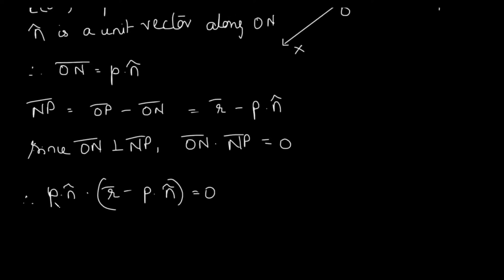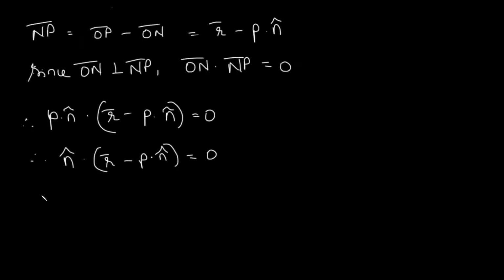And therefore, now take p to the RHS. p is a scalar number. 0 upon p becomes 0, and therefore we have n cap dot (R minus p n cap) is equal to 0. Then opening the bracket, we get R dot n cap minus p n cap dot n cap is equal to 0. Now n cap is a unit vector.